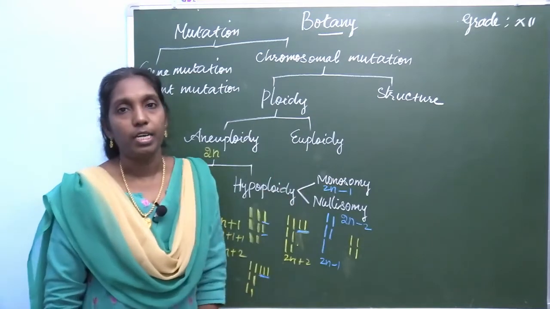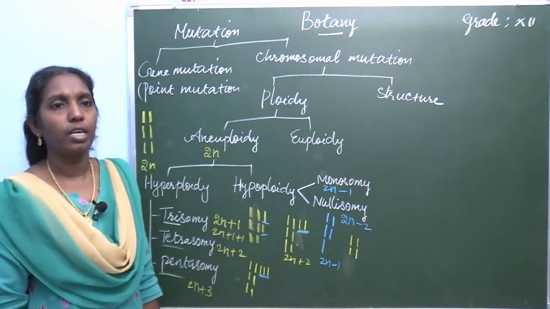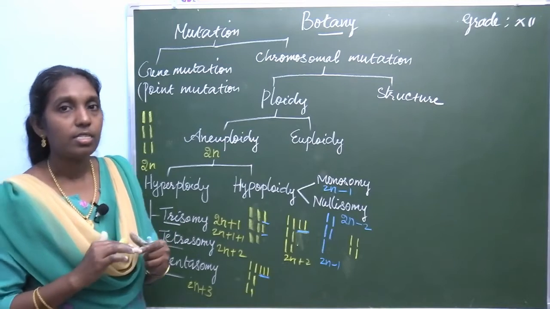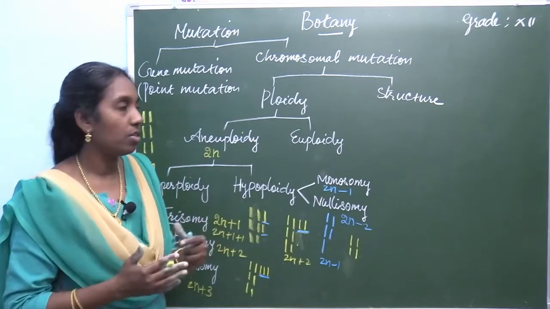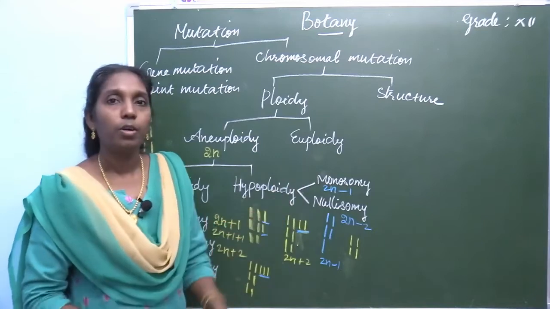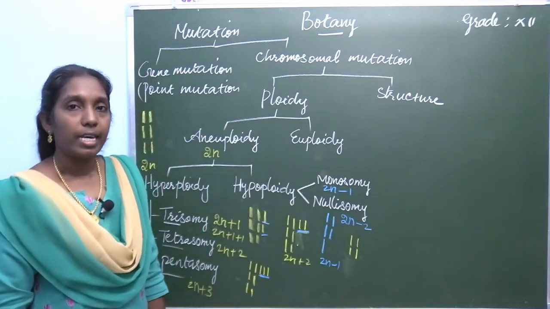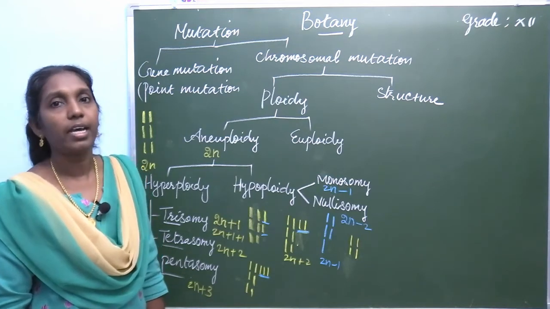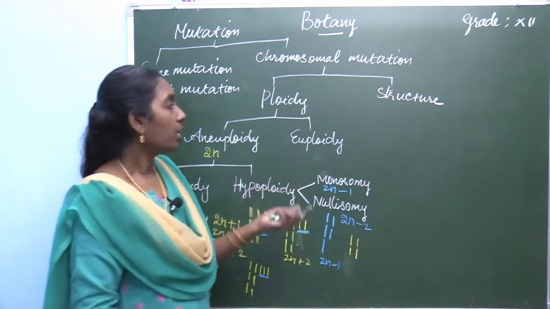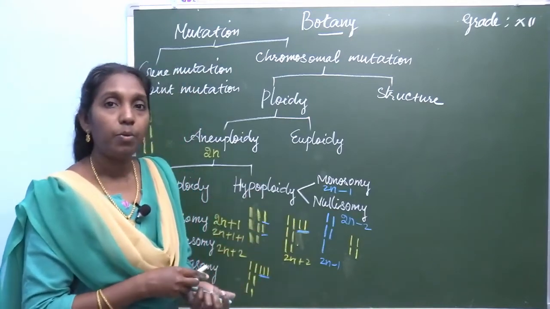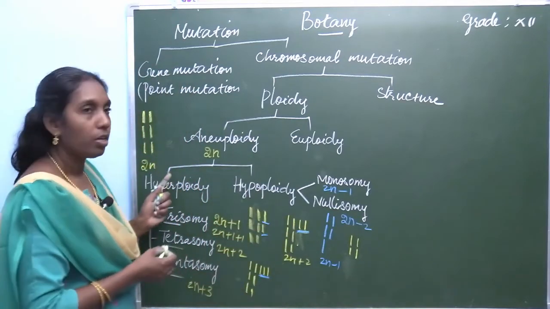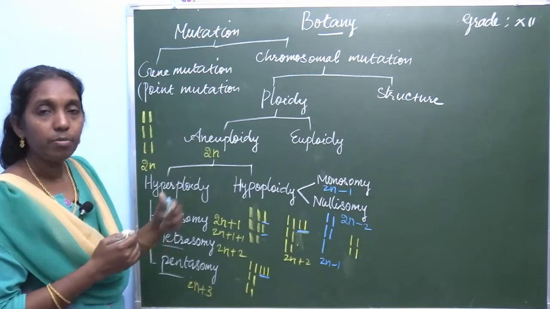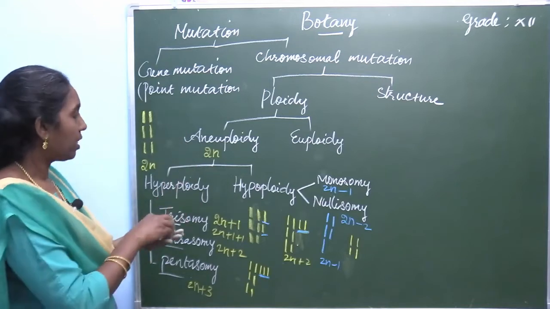Now, euploidy. Euploidy is the alteration observed within the entire set of chromosomes. Euploidy is classified into haploid, diploid and polyploid. The diploid is the basic set derived from paternal and maternal.